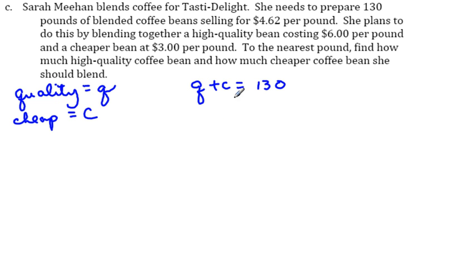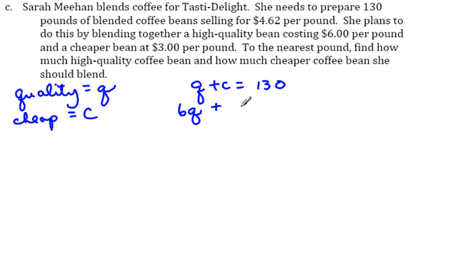The amount of the quality bean added to the amount of the cheap bean comes up to the total amount I need. What I also know is that my quality bean cost $6 a pound and my cheaper bean cost $3 a pound, and that the total is going to be $4.62 each pound. So I need to attach my prices to these. My quality bean was $6 a pound, so that's 6Q.